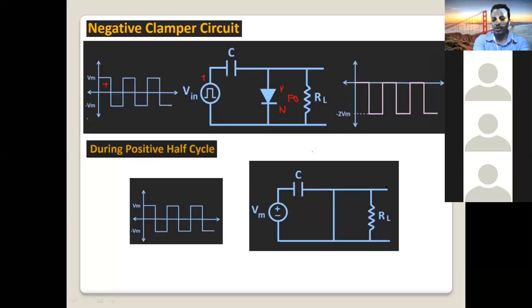When it is on, what will be the output? Output is now directly shorted here, right? It is directly connected to ground. So when this is positive, our output is at 0. You see, it is 0 level. Previously, input is at 10 volt. Now it becomes 0 volt because the diode is shorted.